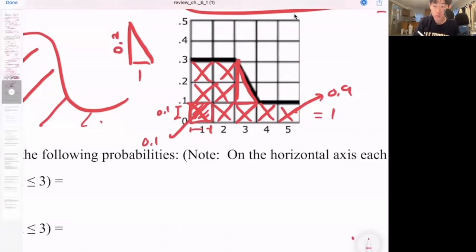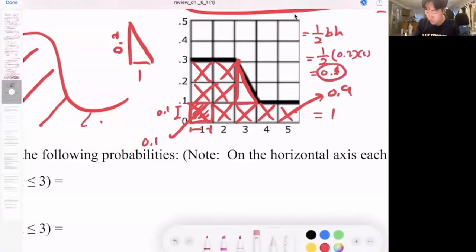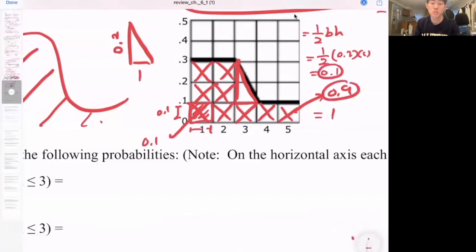The area formula for the triangle is 1/2 base times height, something from geometry I wish you guys remembered, something you learned way back 2 or 3 years ago. 0.2 times 1 gives you 0.1 in total. So 0.1 and 0.9, when you put them all together, that's 1. So yes, it's legit because it adds up to 100%.